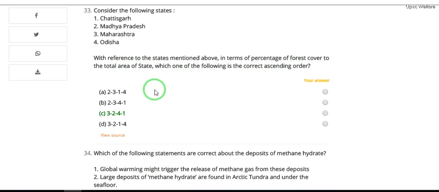So firstly, of course, it is going to be Maharashtra. So here it will be C. If you know that Maharashtra has the lowest forest cover among the total states, then definitely it's going to be here 3. Then Madhya Pradesh is 2. If you know 2 options, then you will easily be able to answer. Now, it's going to be answer C.